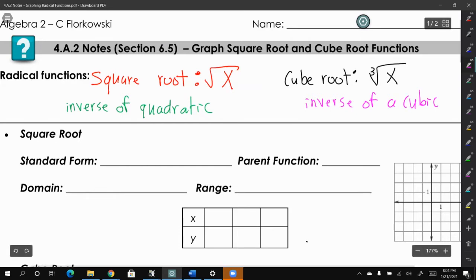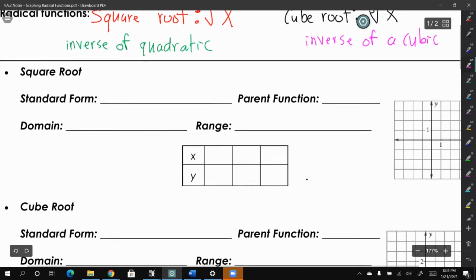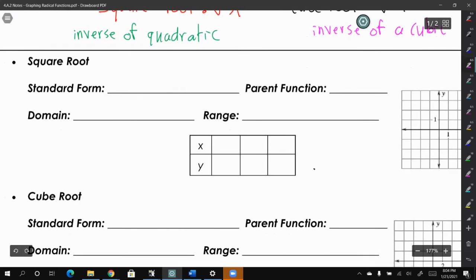So when we graph these, like I was saying, we are going to worry about our a, h, and k. And our standard form is y equals a, and then we'll have the square root of x minus h, plus k. And a, h, and k do the exact same things as they've always done for us.